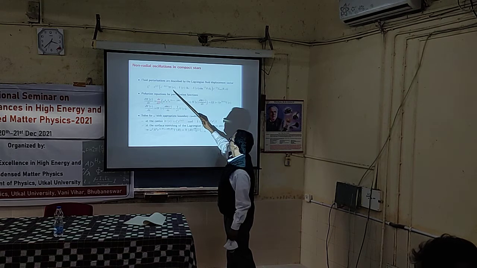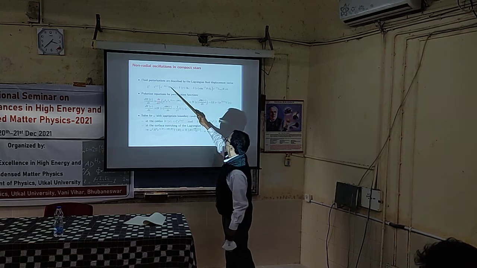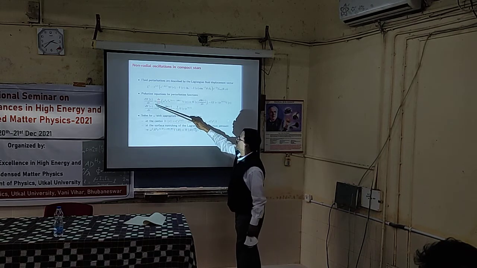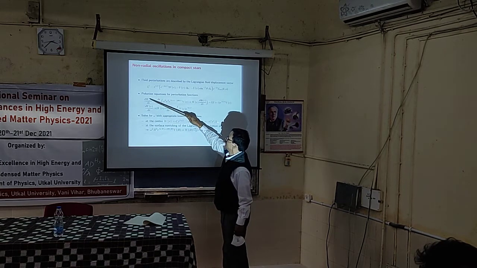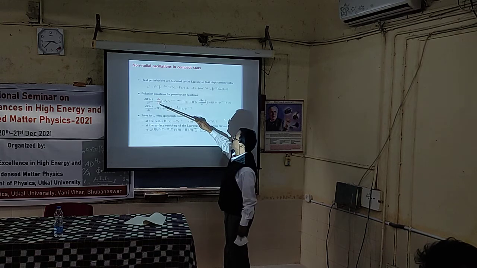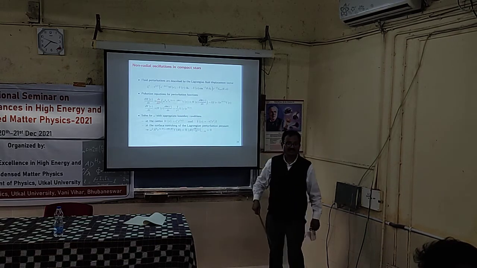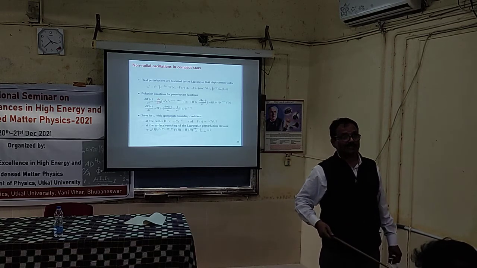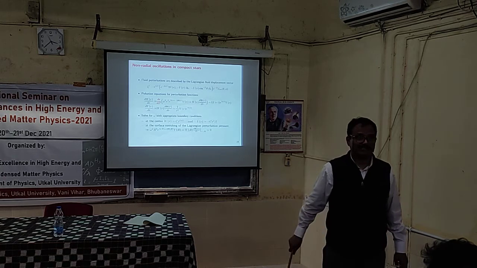You will have these two equations satisfied by this perturbing function. Okay? As I mentioned, this perturbing function depends inversely upon the velocity of sound squared. So if there is a change in velocity of sound, it will get reflected here.